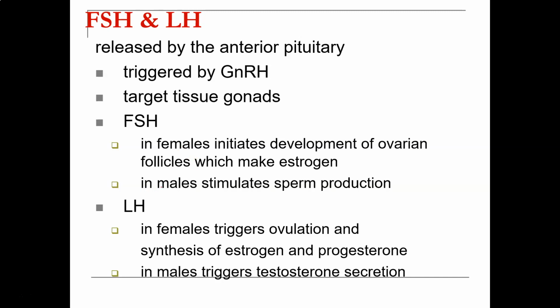So in males, FSH is needed for sperm production. That's a little vague, but it's needed for meiosis in the sperm. And LH is needed to trigger testosterone production. So the more LH that's secreted, the more testosterone is made.